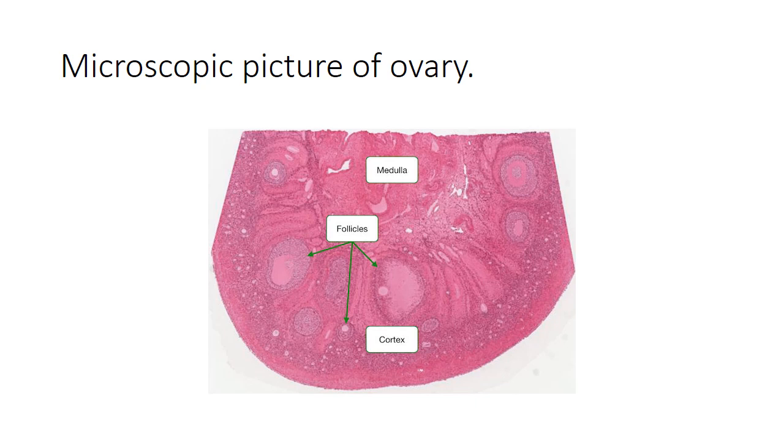Moving more towards the periphery of the parenchyma, you see small primordial or primary oocytes, the primordial follicles. Further outside we see the stroma, which is made up of collagen fibers, reticular fibers and stromal cells, and outside that there is the capsule of the ovary, the tunica albuginea, and further outside there is a lining of cuboidal epithelium which is called the germinal epithelium.